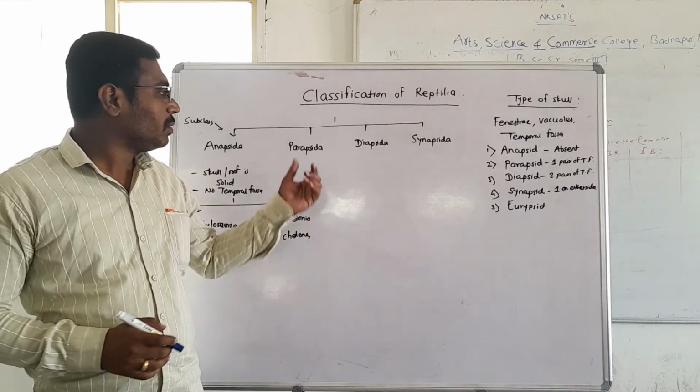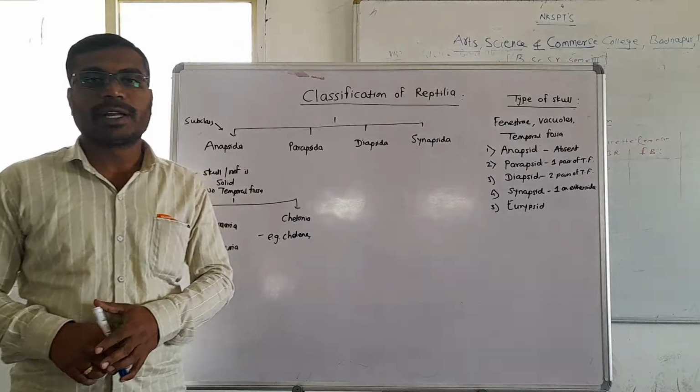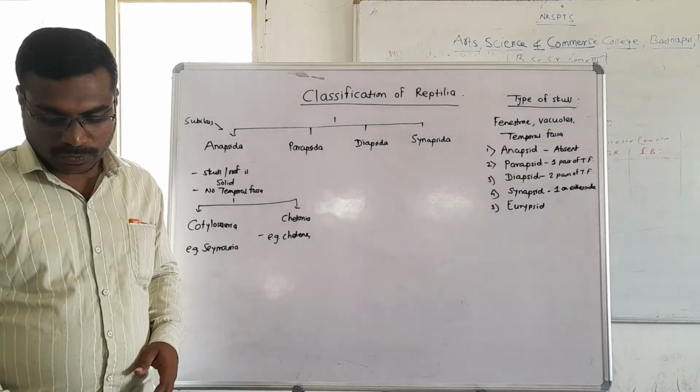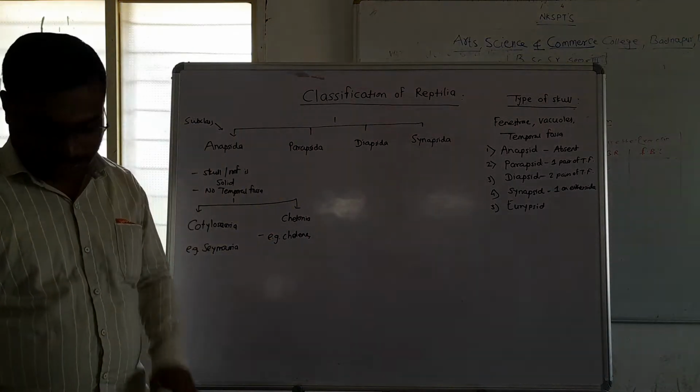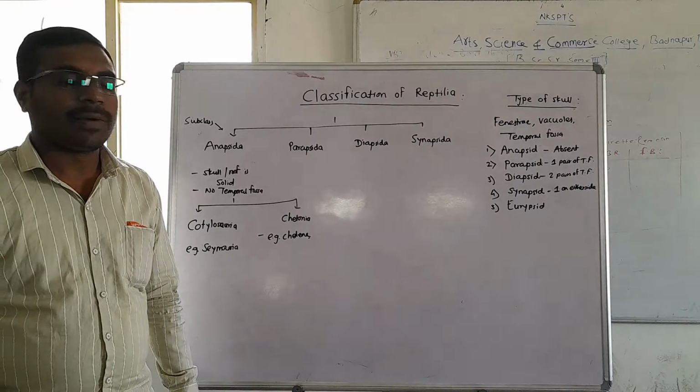Okay. Then we will see Parapsida. Subclass Parapsida includes the reptiles which have one pair of temporal vacuity.